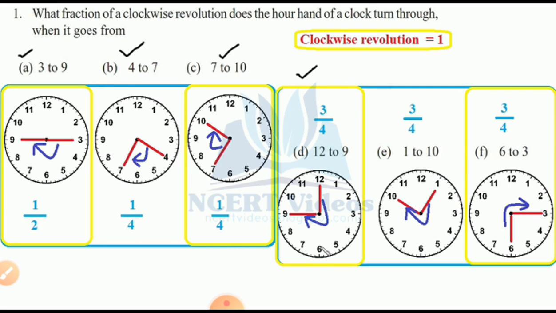Here also the same. You can subtract 1/4 from 1. You will get 3/4. Or you can take half and 1/4, which gives you 3/4. Correct. Now F, 6 to 3. 6 to 3 also gives 3/4.